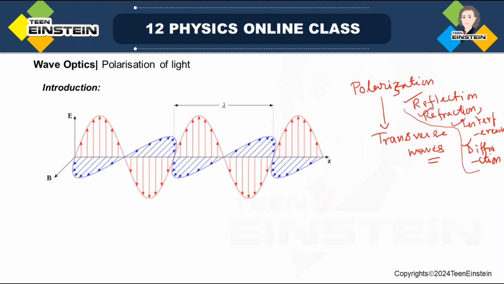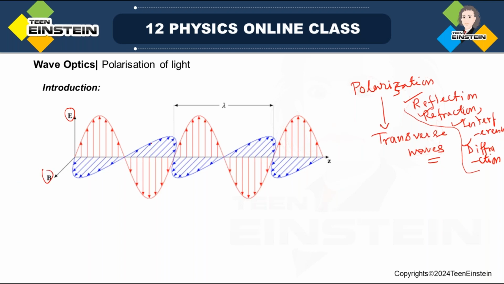That's why today we will see polarization of light, an electromagnetic wave, which is a naturally occurring transverse wave. Light is a transverse wave because it is an electromagnetic wave. Look here, an electromagnetic wave consists of two quantities: one is the electric field, another is the magnetic field.